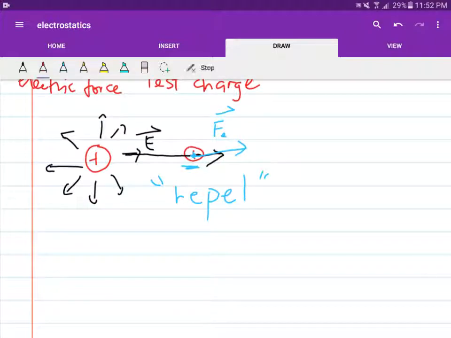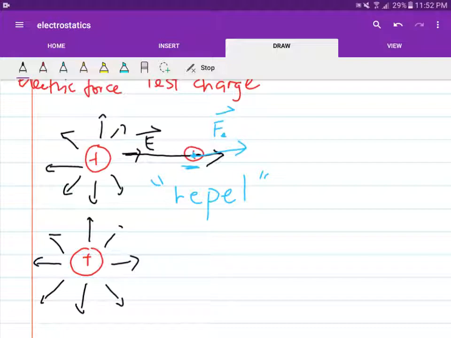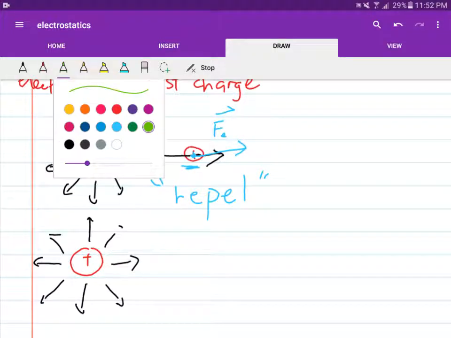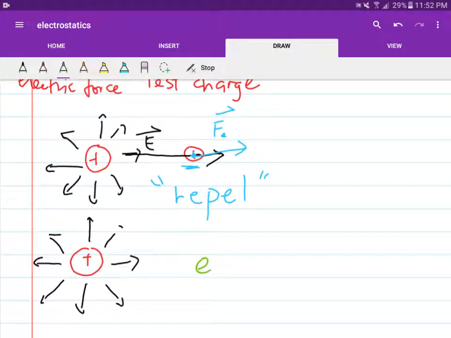So what about if we have the same positive charge and, instead of putting in a positive test charge, we put in a negative charge. The same thing will happen.